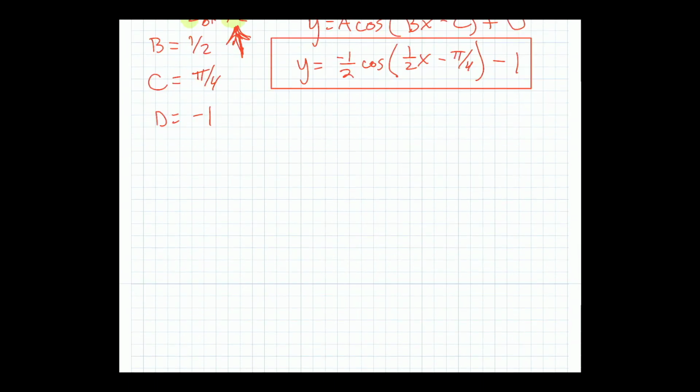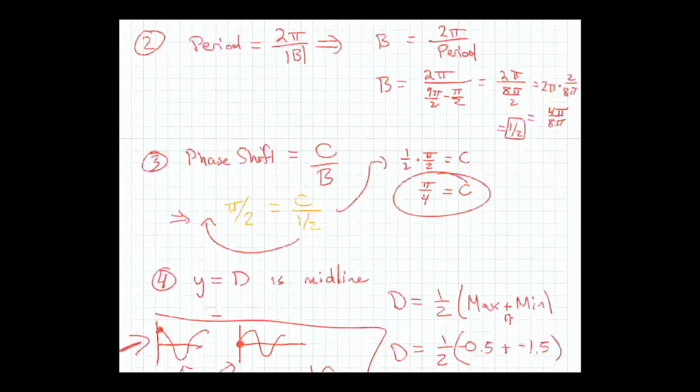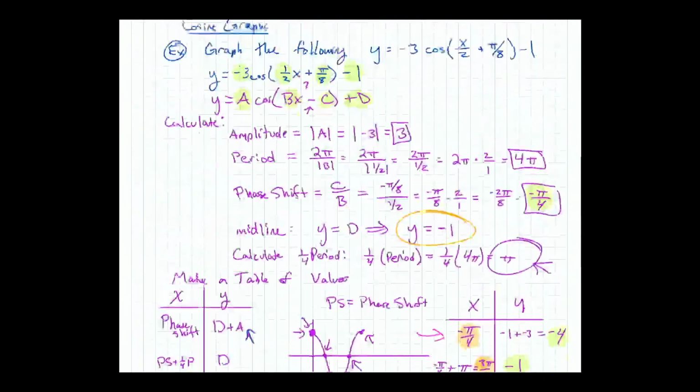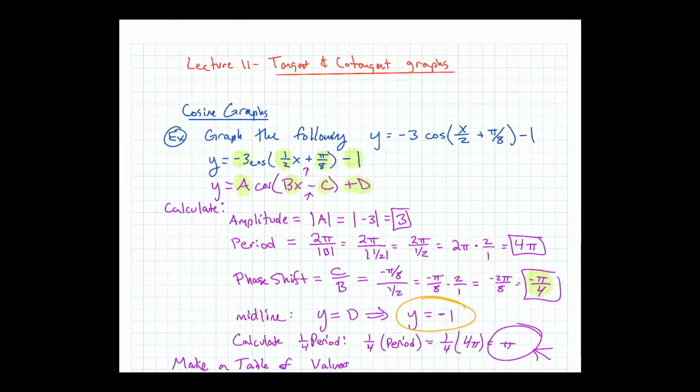So actually what I'm going to do is stop this lecture here, and I'm even going to rename this. So we're not going to call it lecture 11. I'm going to call it 10.5. And this is not tangent and cotangent anymore.